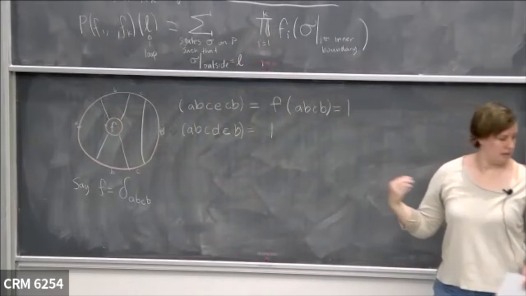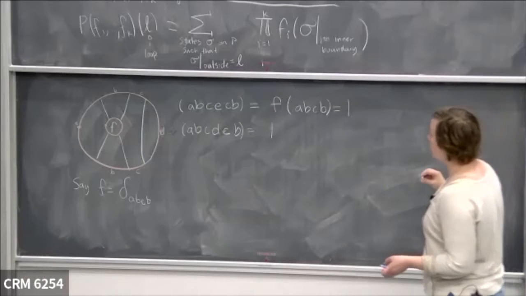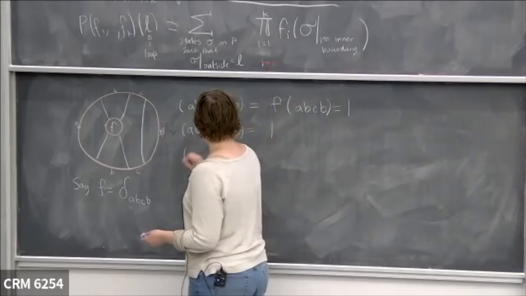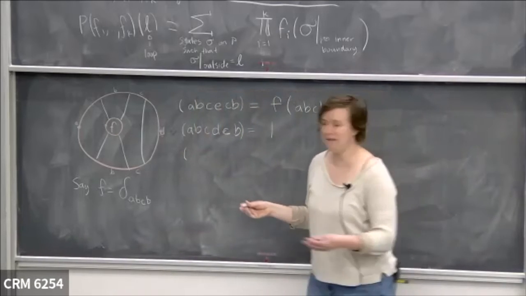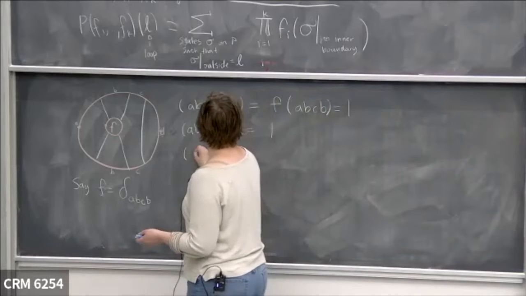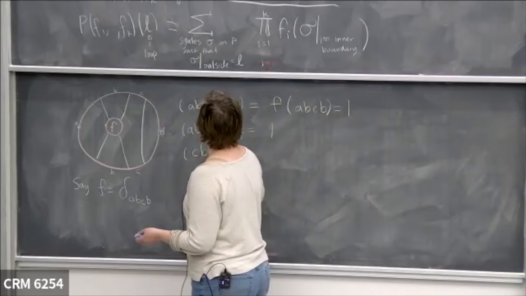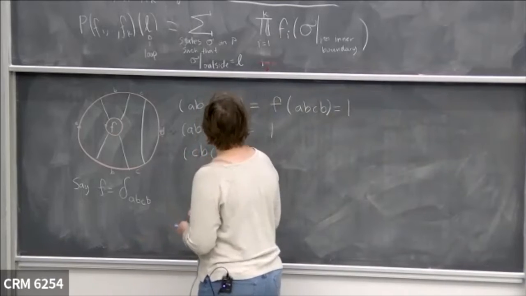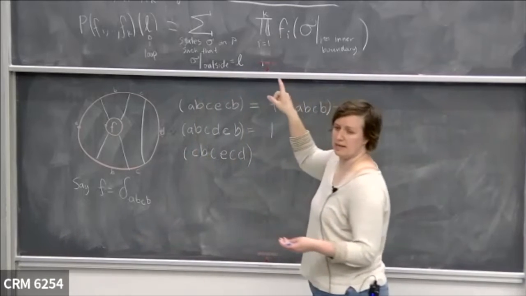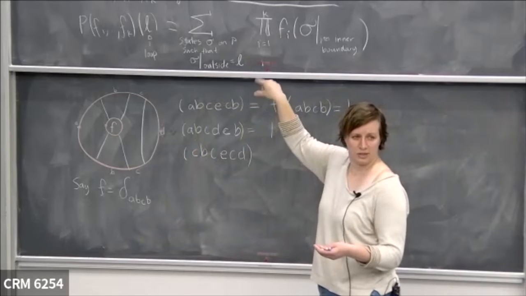On the other hand, what if we gave this something truly different? Let's take the path C, B, C, E, C, D. This is a path that starts at C and goes out to every vertex that's 1 edge away before coming back.